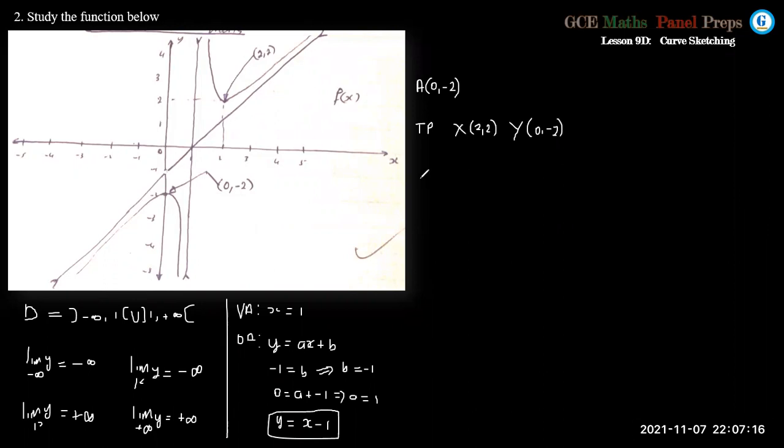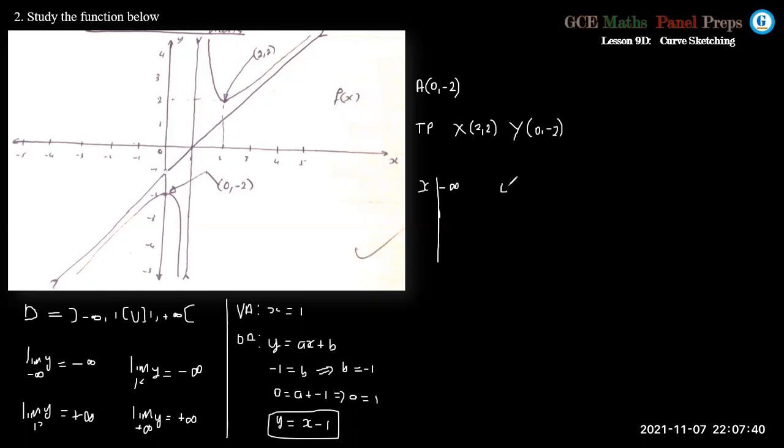So let us get the variation table now. In this variation table, we have x. Then we have negative infinity. We have a vertical asymptote, but before this vertical asymptote, we have a turning point, and the x value at that turning point is 0.